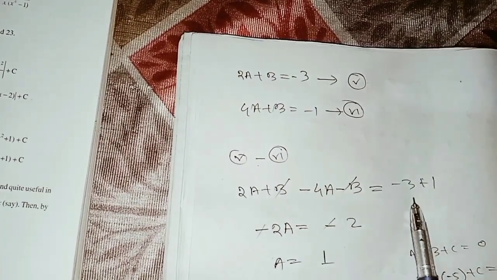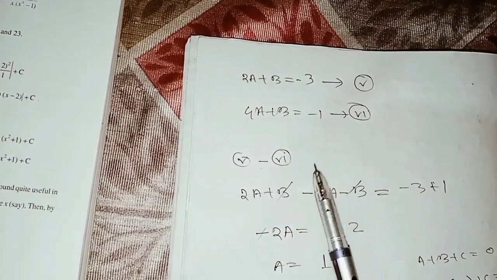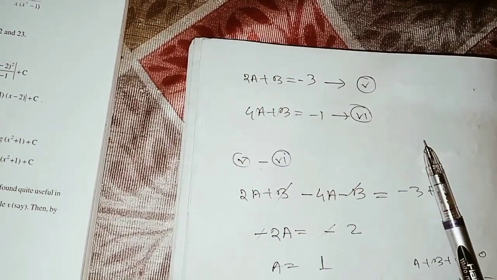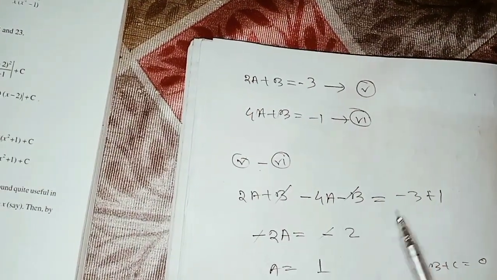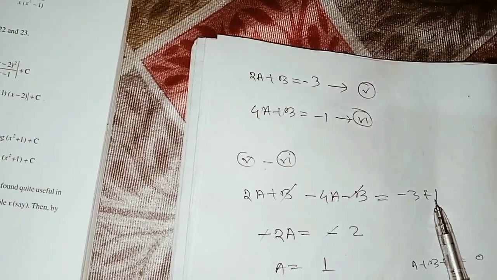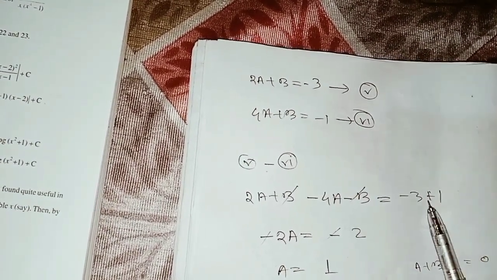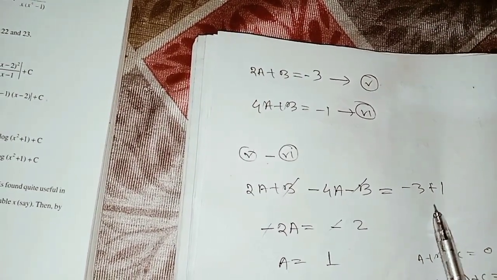This minus is as it is, this term we first write. So on the right side of the equation number we have to write in first position. And this minus 1 is already present. Also we take the minus, then minus minus will convert into positive, means plus.